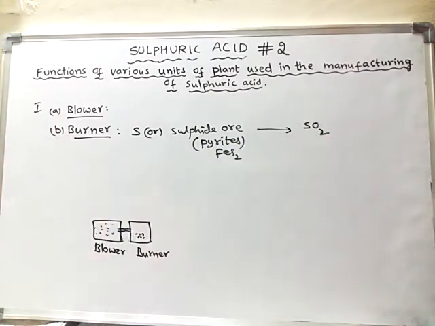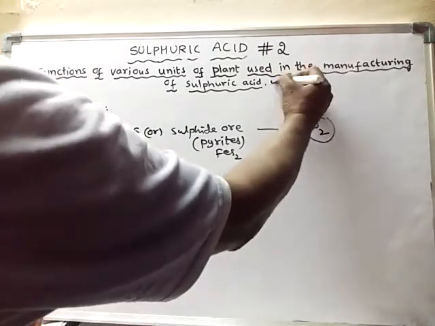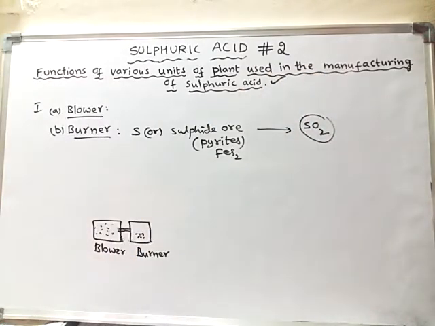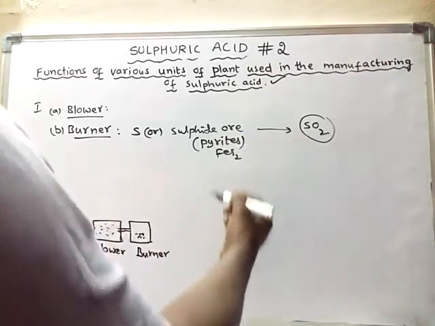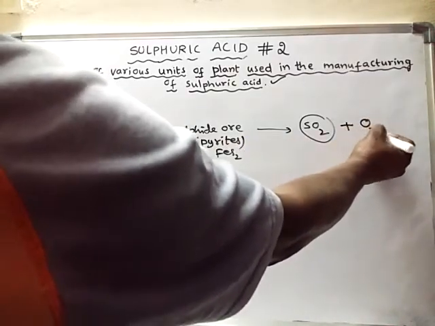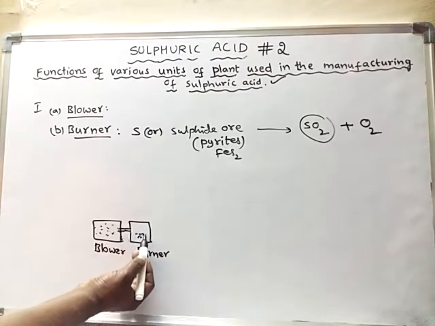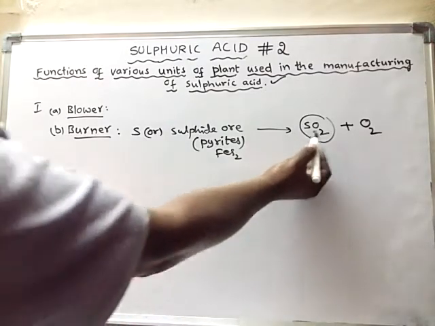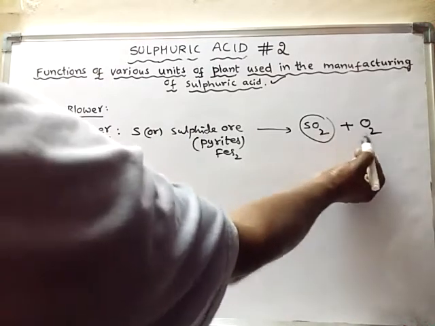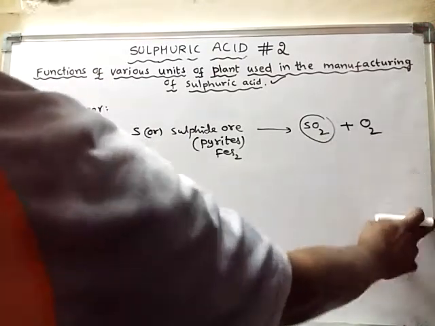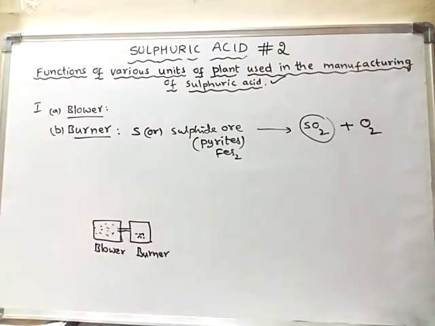Sulfur dioxide is formed, which is essential for the manufacturing of sulfuric acid. Along with sulfur dioxide, oxygen is also present, because oxygen is also sent in. That oxygen reacts with the sulfur and converts it into sulfur dioxide, and some oxygen remains.